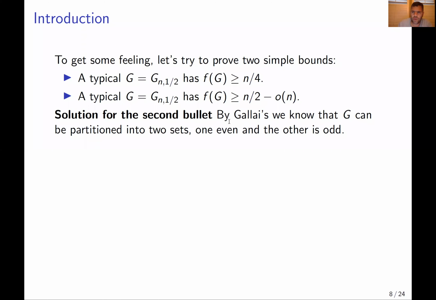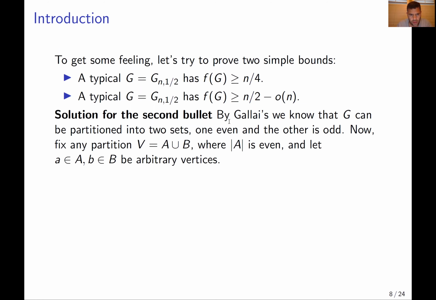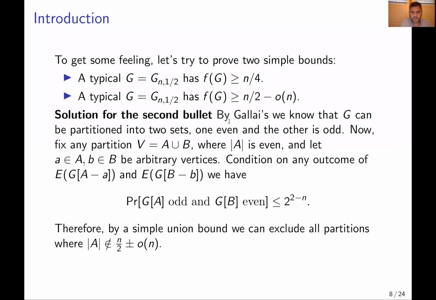By Gallai's theorem, we know that G can be partitioned into 2 sets, one of them even and the other one odd, okay? Now let's fix any partition of the vertices into 2 sets where the size of A is even. And let's choose a vertex in the part A and a vertex in the part B, just some arbitrary vertices.